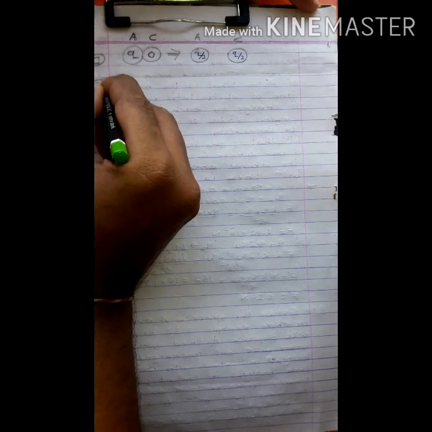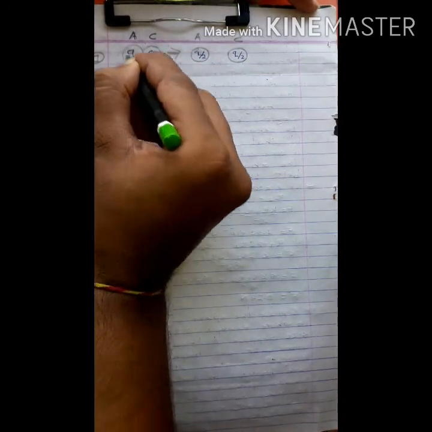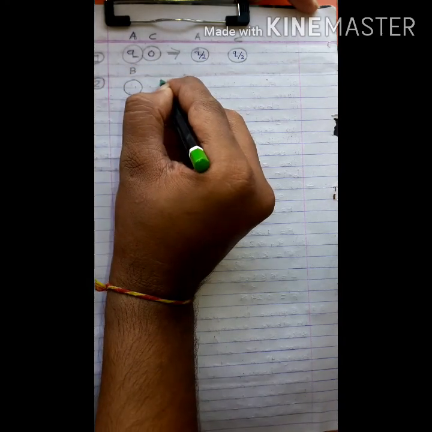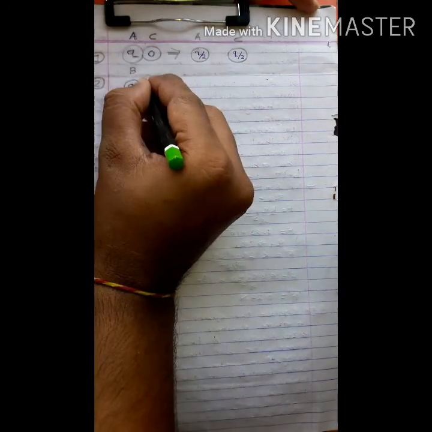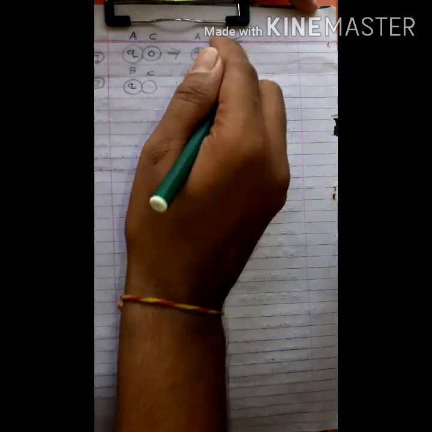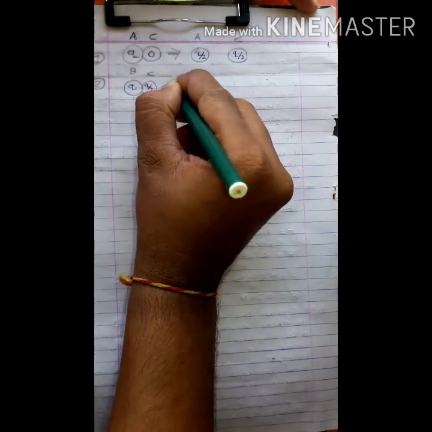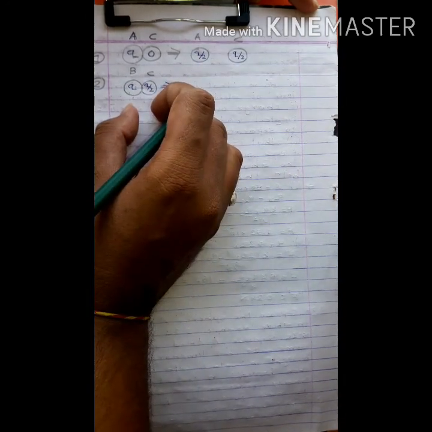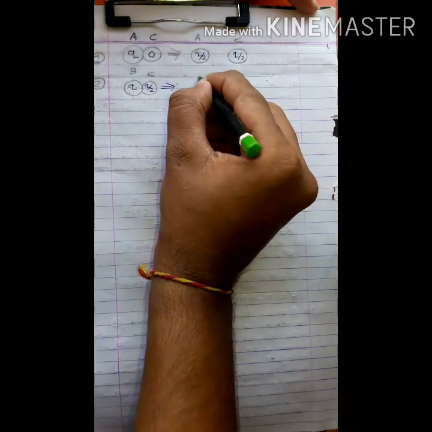Now here we are going to explain the second situation. This is our B sphere, and the charge on B sphere is Q, and this is our C sphere. The charge on C sphere is Q by 2. Now we again increase the distance between the two spheres, so the charge on both spheres becomes equal.